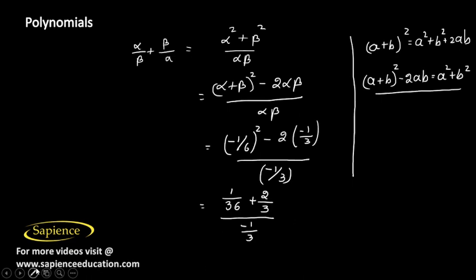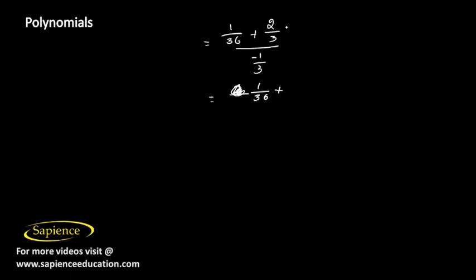So this term, which is 1 by 36 plus 2 by 3 divided by minus 1 by 3, we need to cross multiply once again. 1 by 36 plus, we can convert this term into 36 by multiplying it with 12.